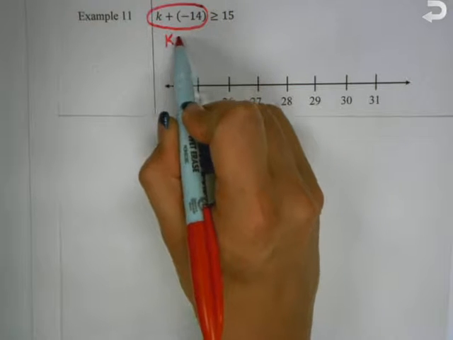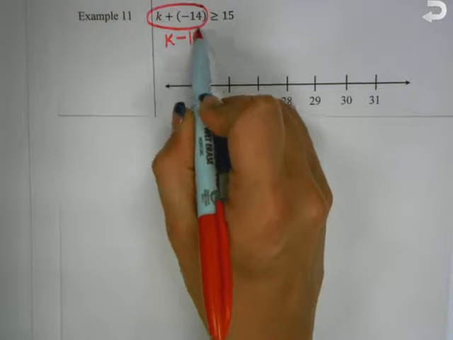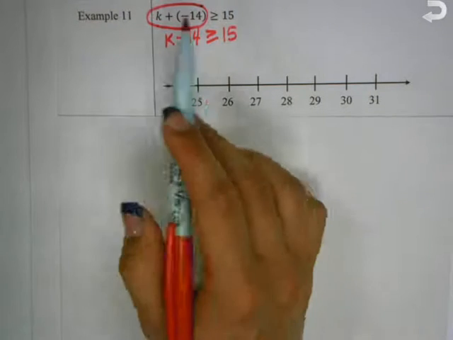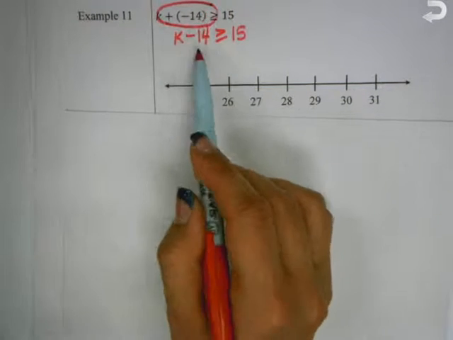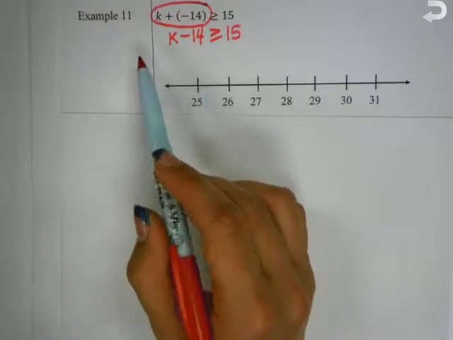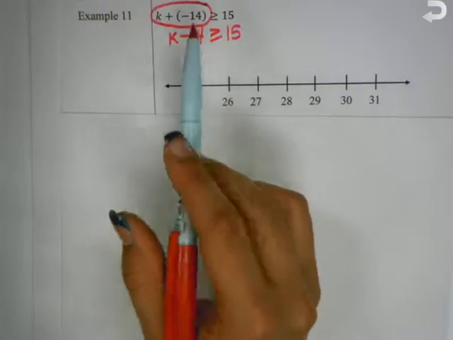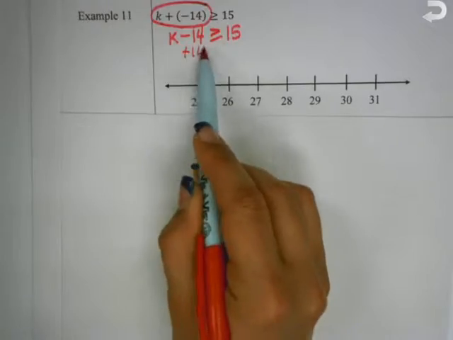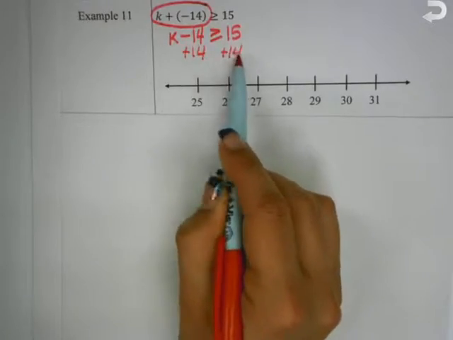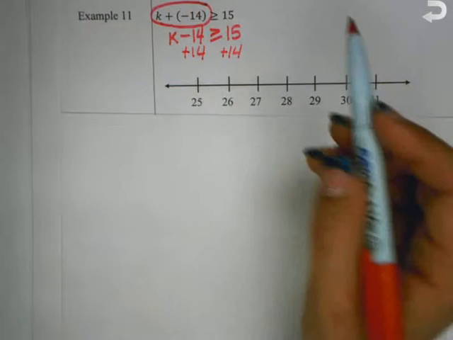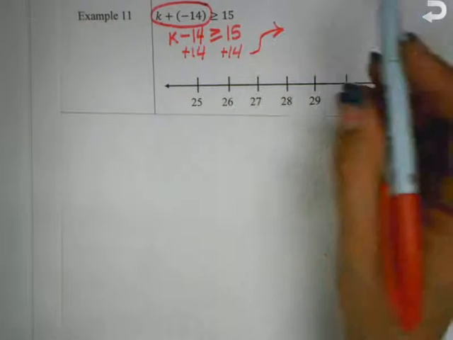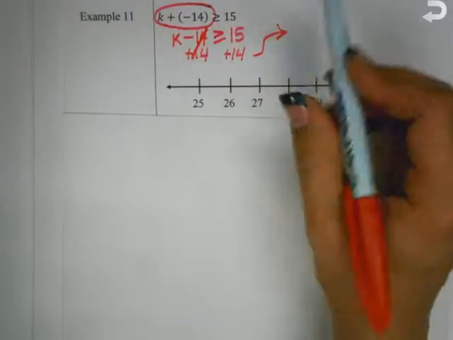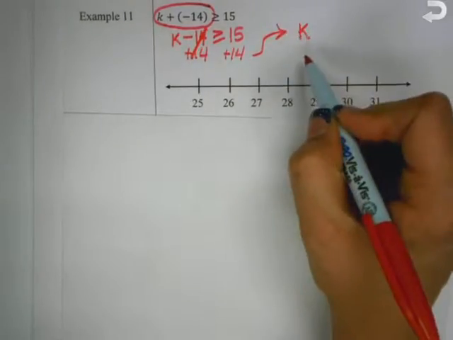Because adding a negative is the same as just plain subtraction. Now what are we going to do? To get rid of that negative 14, we're going to add 14 to both sides. And I ran out of room, so I'm going to bring it up here. So negative 14 plus 14 is 0. So on the left-hand side, we're left with k greater than or equal to 15 plus 14, positive 29.